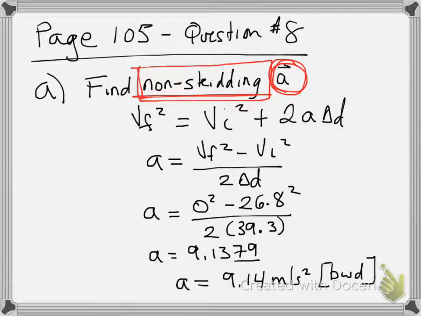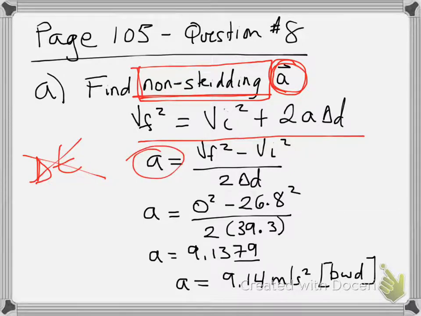So when you have that information, you can eliminate time, right? Because time is not needed to perform this type of calculation. So this is where you're coming up with this equation. This is just a review of kinematics. When you use this equation, you're going to rearrange it for acceleration, and you're going to end up with 9.14 meters per second squared, rounded to the correct number of significant digits.